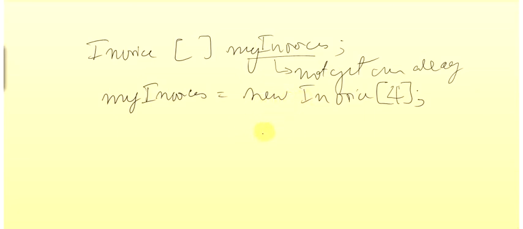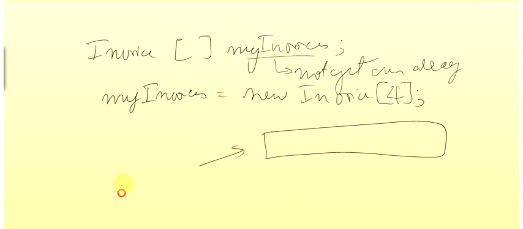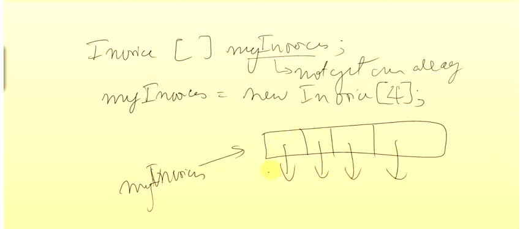The name of the tray is my invoices. The tray has 4 references, and each of these references is a reference to an invoice. But at the moment when this gets executed, each of those references will be automatically set to null. That means they are not pointing to any objects, all set to null.